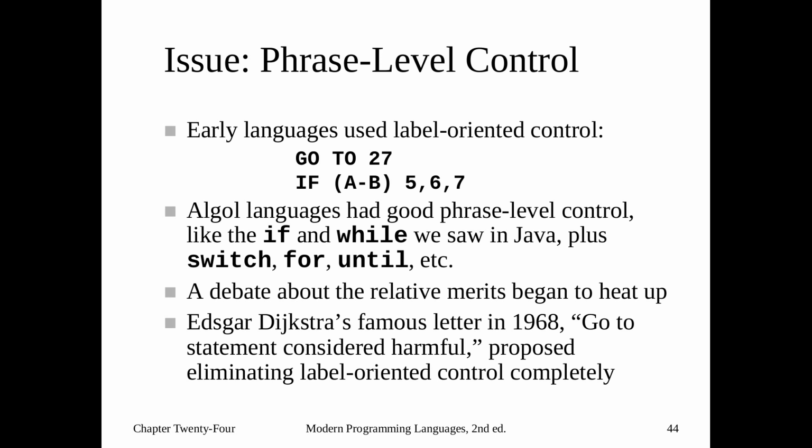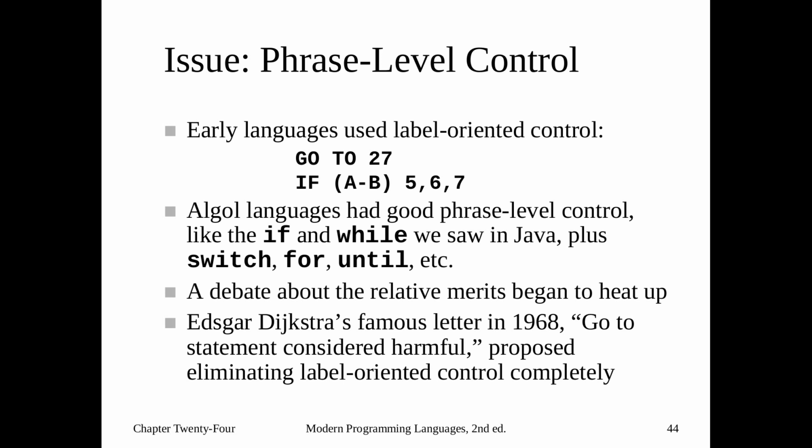And so Edsger Dijkstra wrote a famous letter back in '68, and I suggest anyone go read it. "Go-to statement considered harmful." I've read this, it's beautiful, and he was talking about go-to in general, not specific go-tos. If, while, switch, for, and until all use a go-to under the scenes, but it's very controlled.